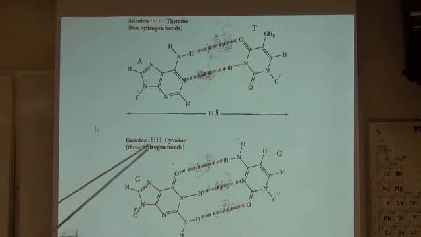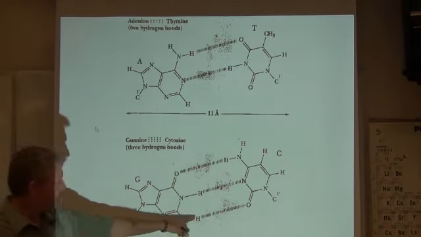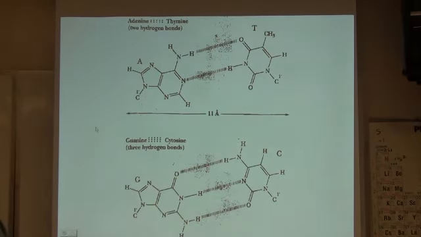GC actually has three distinct regions of hydrogen bonding. The significance is that if you were to see a heavy concentration of GCs in a region on the DNA, then that region is more tightly bound than if it had ATs. But there's the hydrogen bonding for that.